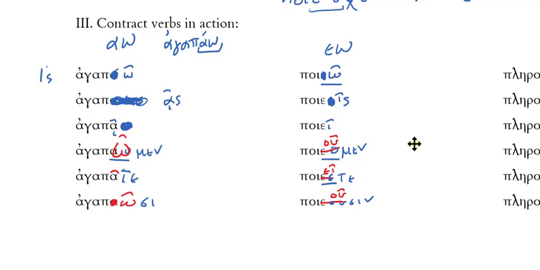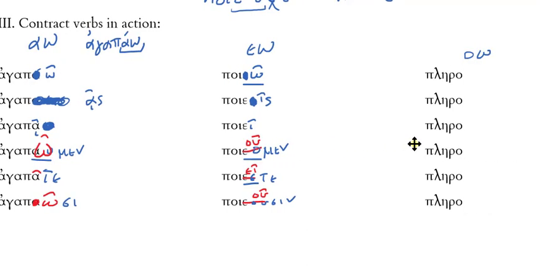And then finally, we have the verb plero, which means to fill. So what's this going to be? Plero with an omega. Omicron and omega will contract, won't they? What do these become? They become an omega. So we'll scratch out the omicron here, and we'll put our circumflex there. Pleroo.